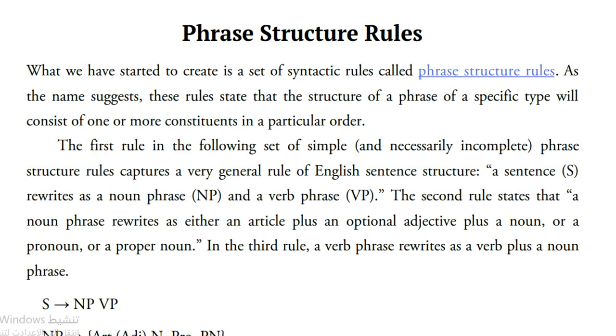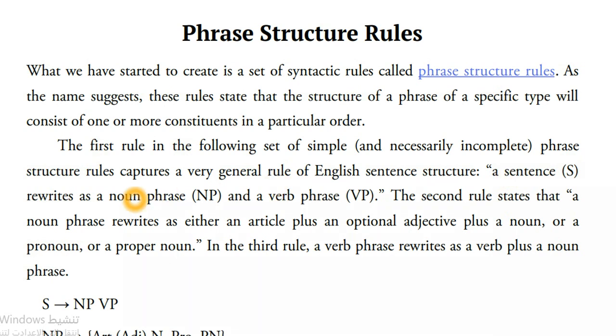If we talk about phrase structure rules, we have to understand that in an English sentence, the sentence in syntax will have this reference S. So when we draw the tree diagram later on, we have to put S. S is an abbreviation for sentence.